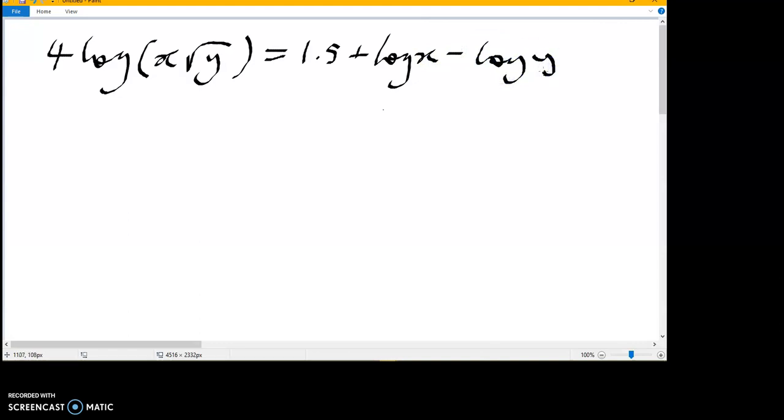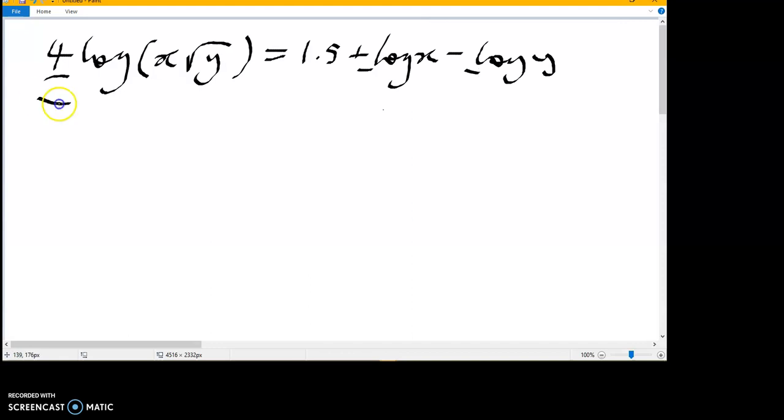First of all, we need to make sure that the coefficients of the logs are 1 for us to apply the addition and subtraction properties of logarithms. So we're going to take all the logs that have x and y on one side and those that have constants on the other side.